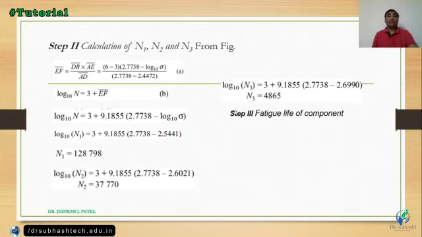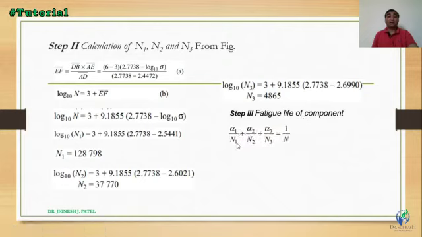Now step 3 is to find the fatigue life of the component. That means we have to find the value of n with the help of Miner's rule. Alpha 1 upon n1 plus alpha 2 upon n2 plus alpha 3 upon n3 is equal to 1 by n. Now put the values of n1, n2, n3 and alpha 1, alpha 2, alpha 3 in this equation: 0.85 upon 1,28,798 plus 0.12 upon 37,770 plus 0.03 upon 4,865.